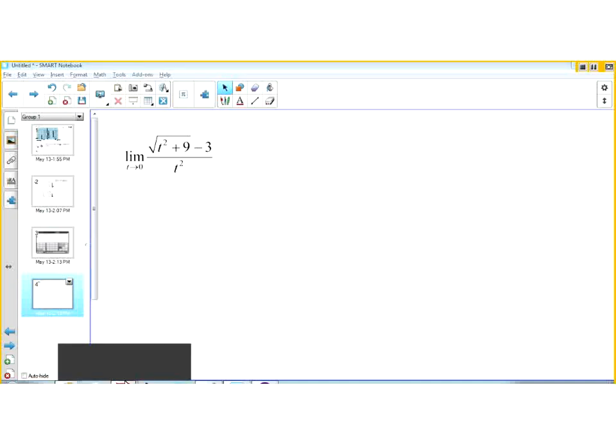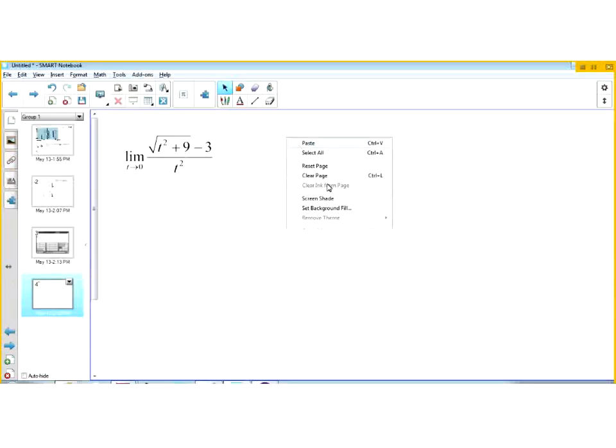And then, of course, we can take a look at the tabular approach. So let me pull up the table. Now, the format of this table is rather interesting.